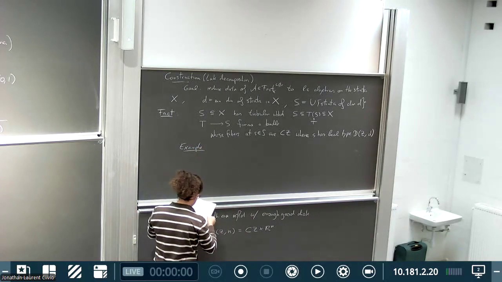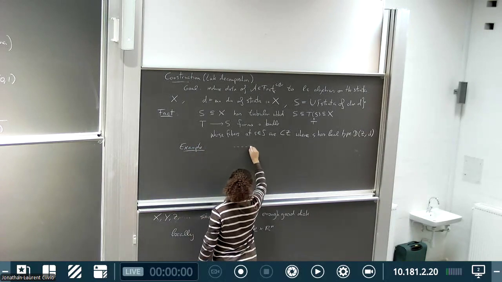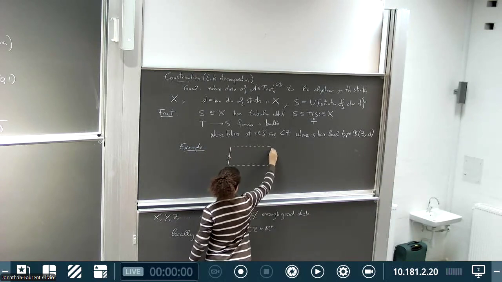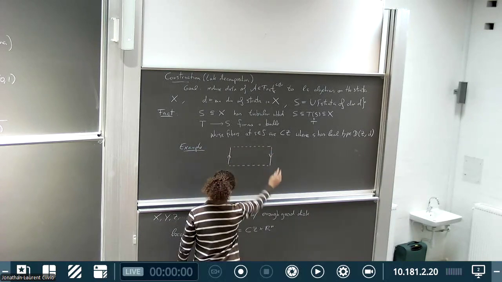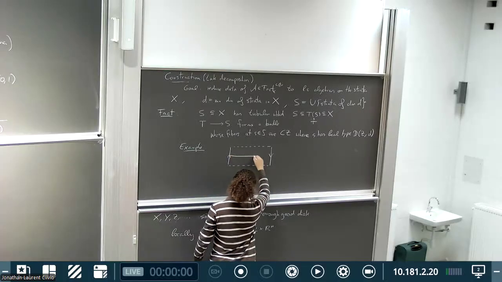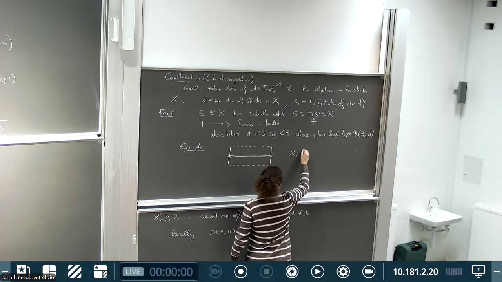Let's say as a stratified manifold, we take the open Möbius strip, and let's say we have it stratified where we have an S1 in the middle. So this is like X, S1.